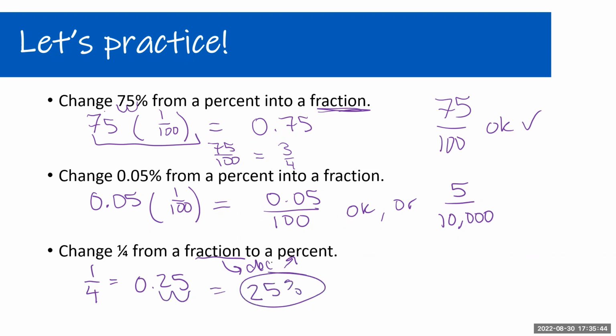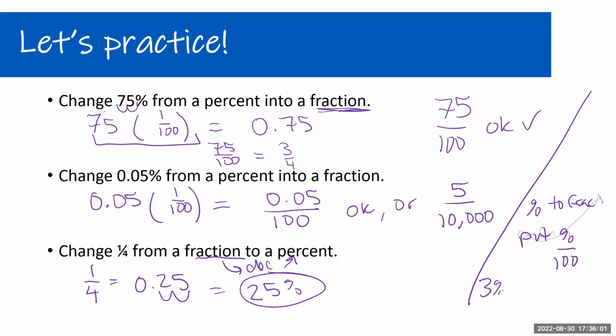So if you're going from a percent to a fraction, put a note over here. So percent to fraction, you're going to put the percent over 100. So 3% is going to be 3 over 100, etc. Lots more practice.